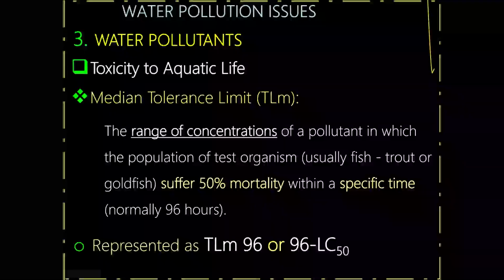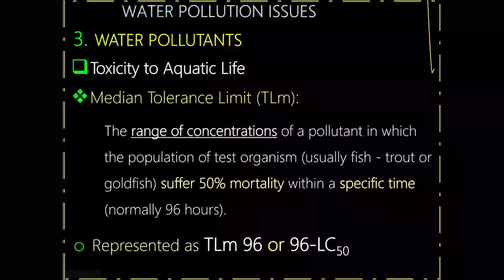And then toxic, you know, there is death, but it can be nutrients. If the nutrients are too much, then it will cause 50% of the organisms to die. The temperature is too high, that it will cause 50% of the organisms to die. The pH has changed so much that 50% of the organisms will die. Then we are saying that that is a toxic pollutant.